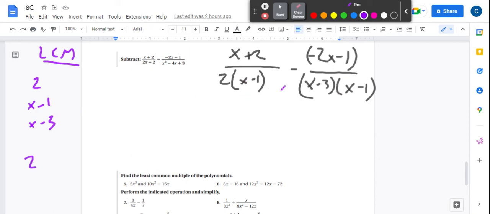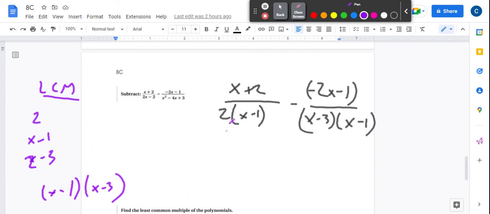There's 1 x minus 1 in each, and there's 1 x minus 3 in each. So our least common denominator is going to be 2 parentheses x minus 1 times x minus 3.